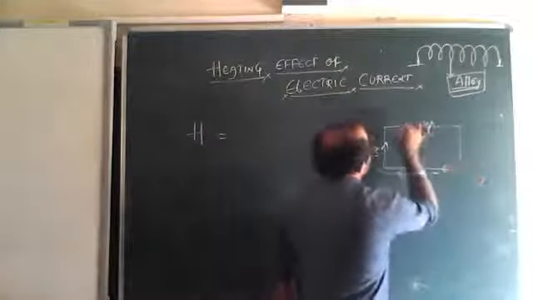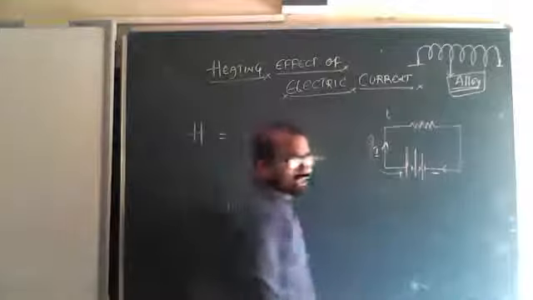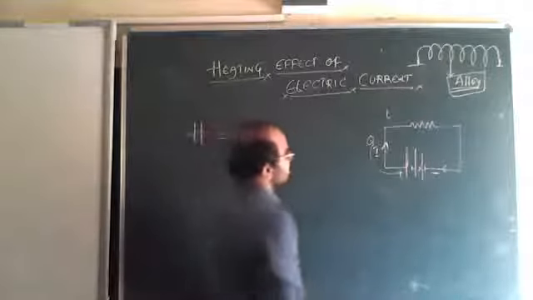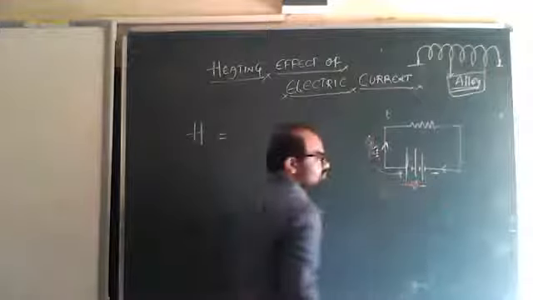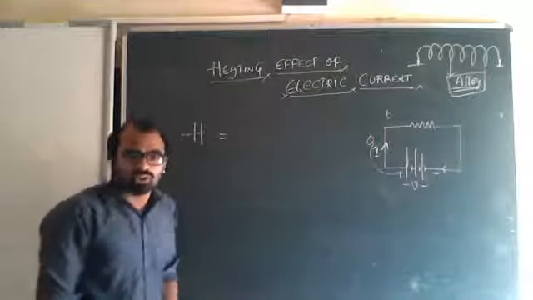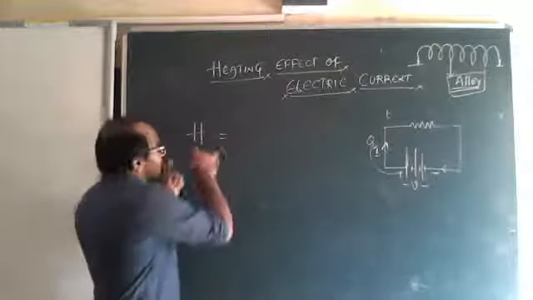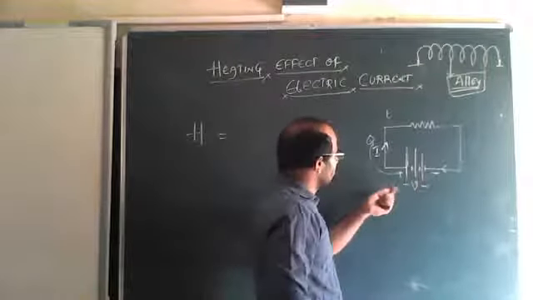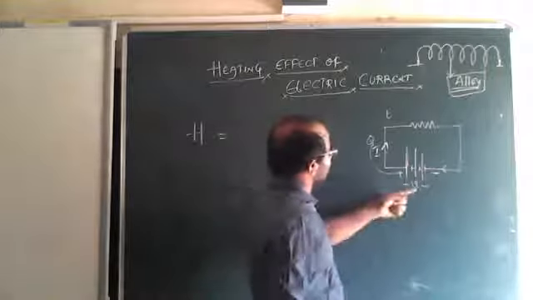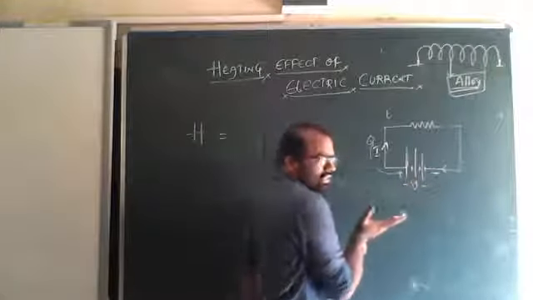In time t, I is equal to q by t. Charges are flowing in time t, and V is the potential difference. So electrical energy is nothing but whatever the work done is. Whatever the work done is given by that electrical energy.